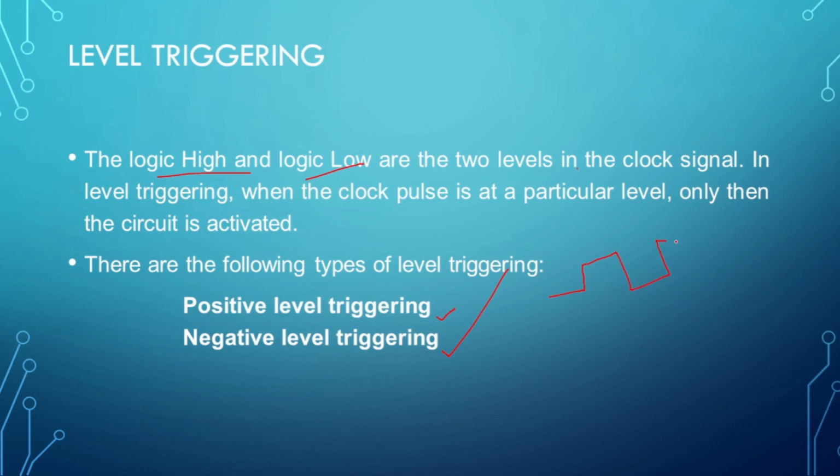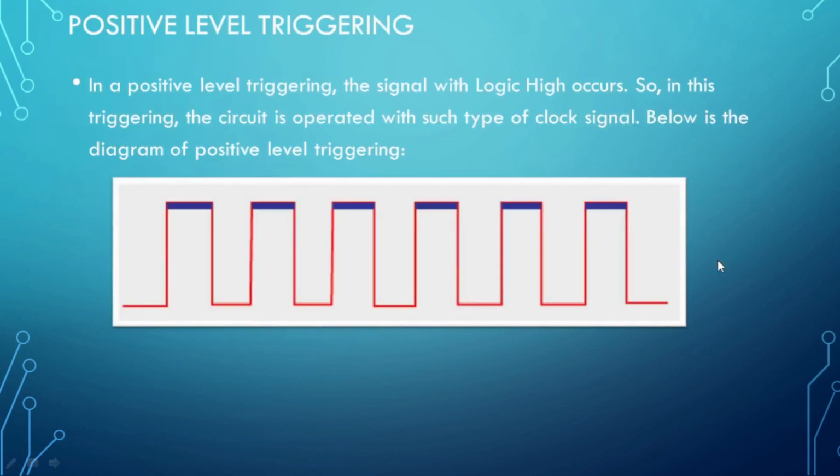Square wave clock signal. So here, if the triggering occurs at this high value, that is called positive level triggering. If the triggering occurs in this clock signal at the lower value, or the zero value, then it is called negative level triggering.